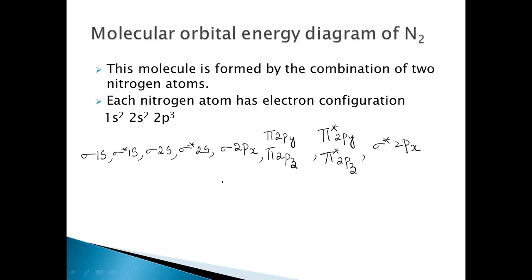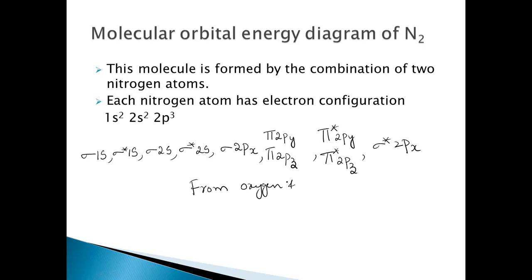Yes, this is the order of filling up of the orbitals from oxygen onwards, that is, for heavier elements.